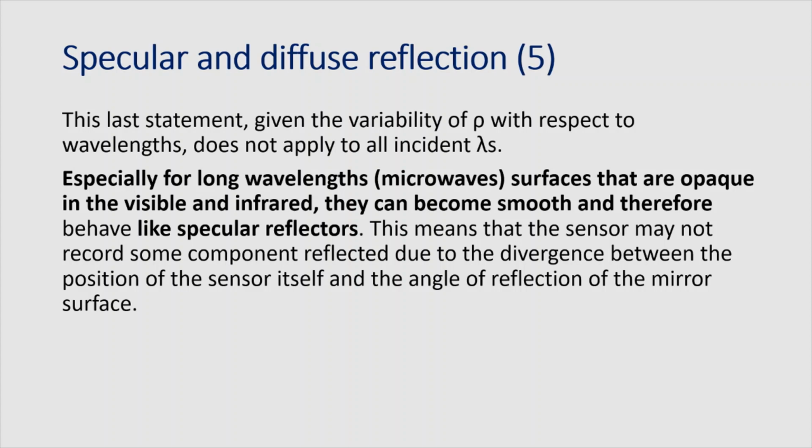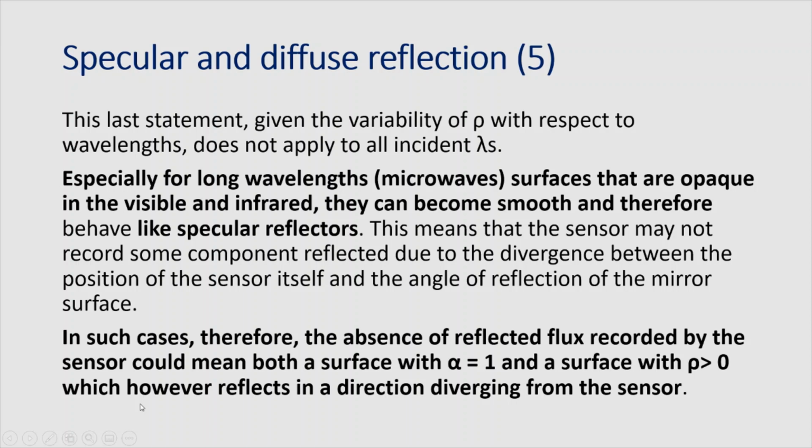This means that the sensor may not record some reflected component due to the divergence between the position of the sensor itself and the angle of reflection of the mirror surface, as I showed you before with the two figures of specular and diffuse reflection.